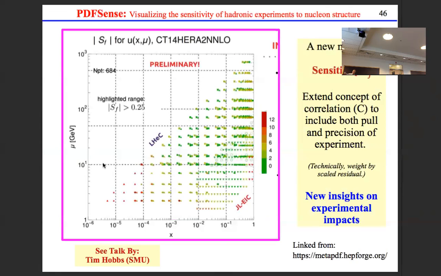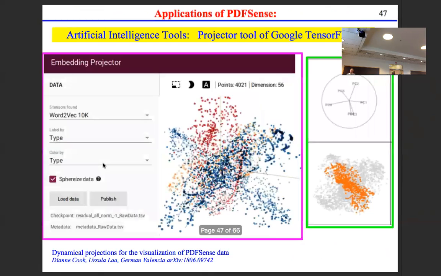And when you have the sensitivity information, you can take this and throw some artificial intelligence tools at it. This is something we're just starting on, but I thought this particular result was quite interesting. This uses the projector tool of Google TensorFlow. We took the 4,000 points in the nCTEQ fit and just gave it the residuals.